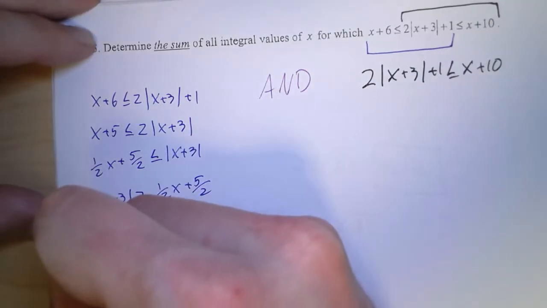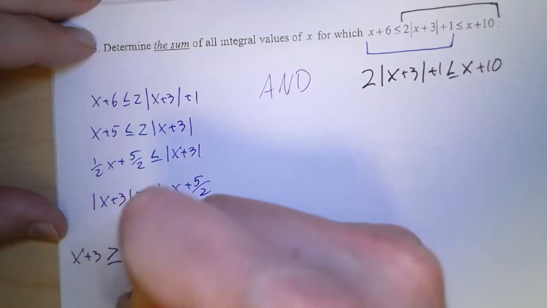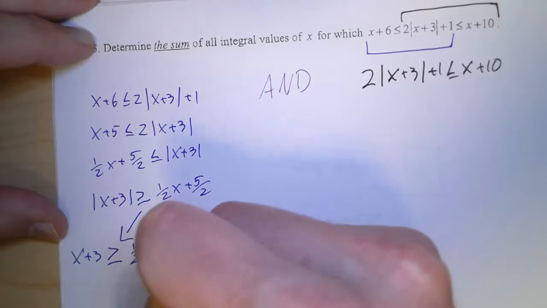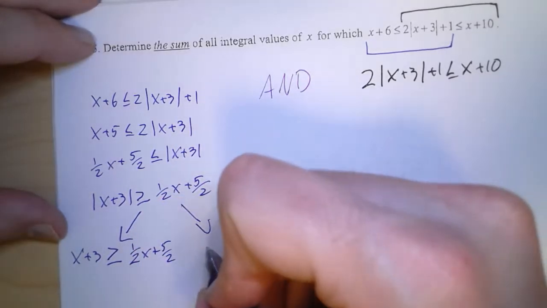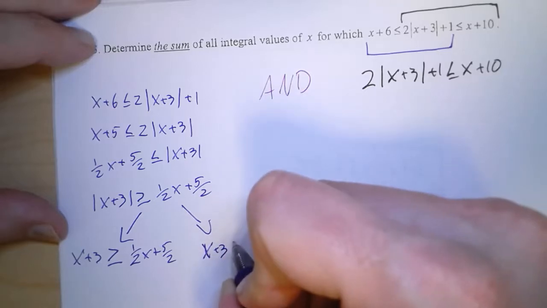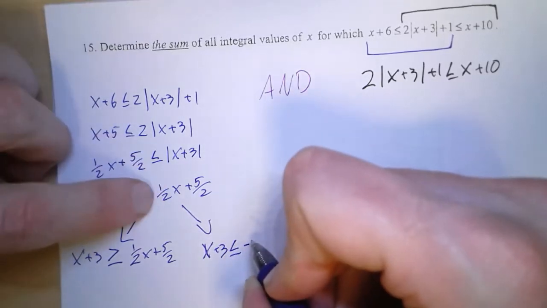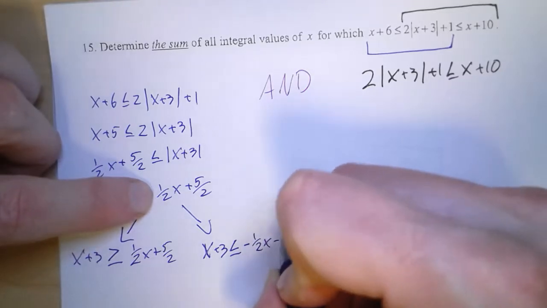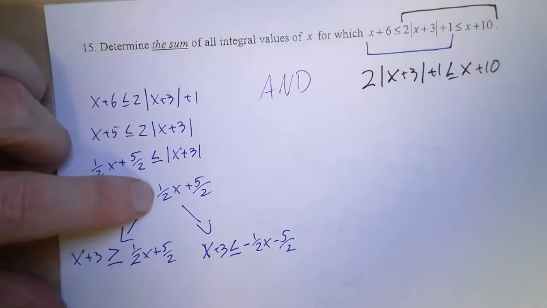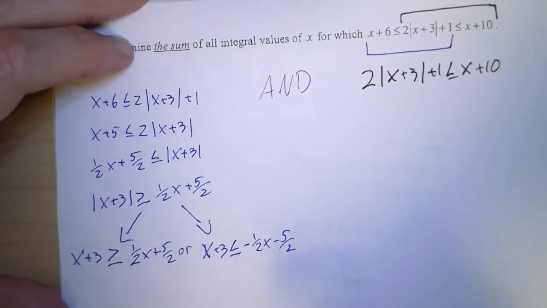First, we take away the absolute value and say x plus 3 is greater than or equal to 1/2 x plus 5/2. The other one, we take x plus 3 and say that it is less than or equal to the opposite of this on the right, negative 1/2 x minus 5/2. And it has to fit either this or that.